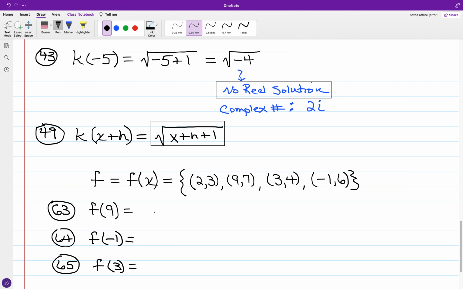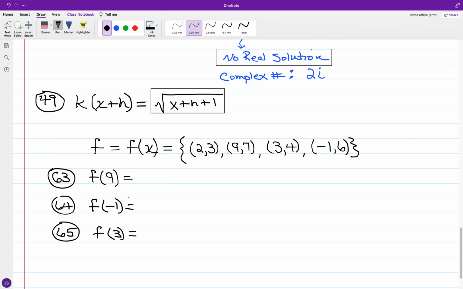Again, the numbers inside the parentheses are in reference to the x values. And f of 9 is going to be the y value whenever x is 9. Looking for where x is 9, it's going to be this point. When x is 9, the y value is equal to 7. So f of 9 is going to be 7.